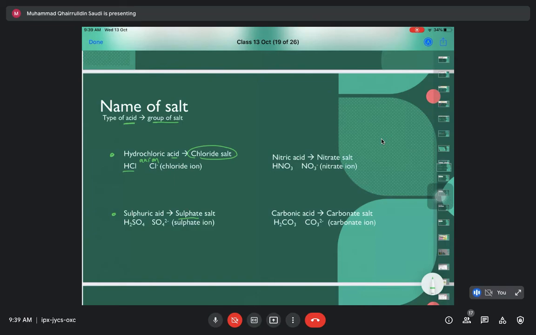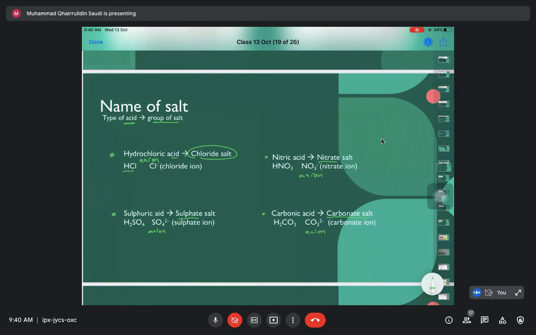Kalau kita guna nitric acid, we will get nitrate salt. Next is carbonic acid. Kita akan dapat carbonate salt, because the anion is carbonate ion.